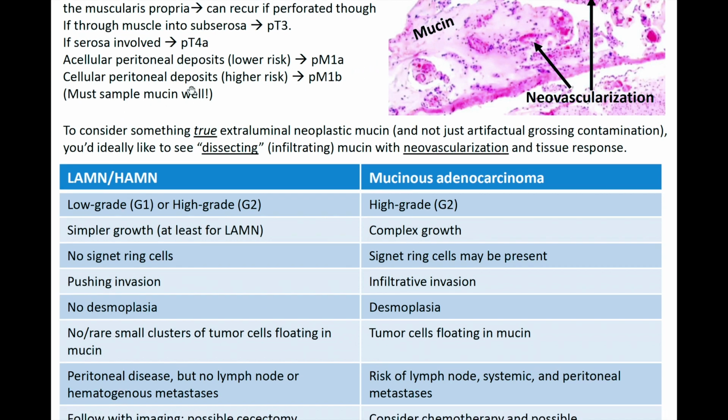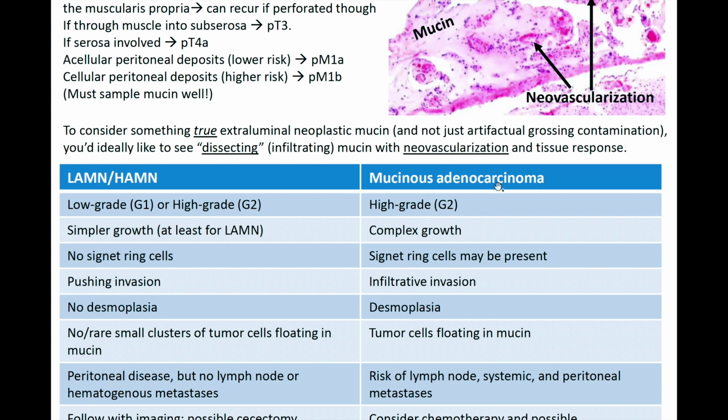So here's a nice chart that compares the features of a LAMN or a HAMN versus mucinous adenocarcinoma. So cytologically, you're only going to have high grade for mucinous adenocarcinoma, whereas for a LAMN you can have low grade.